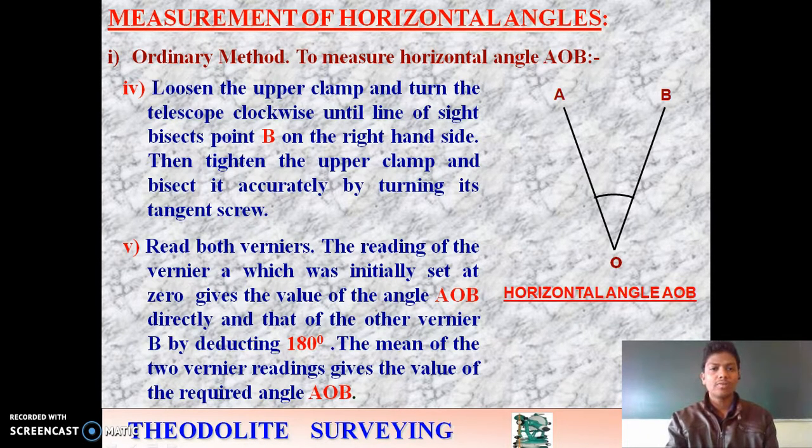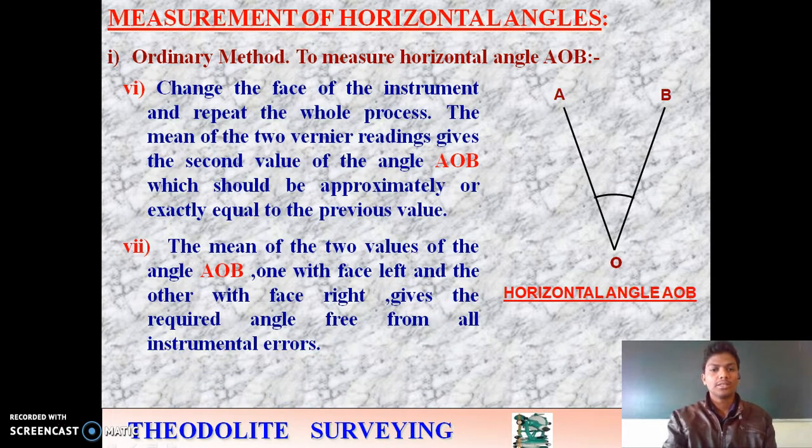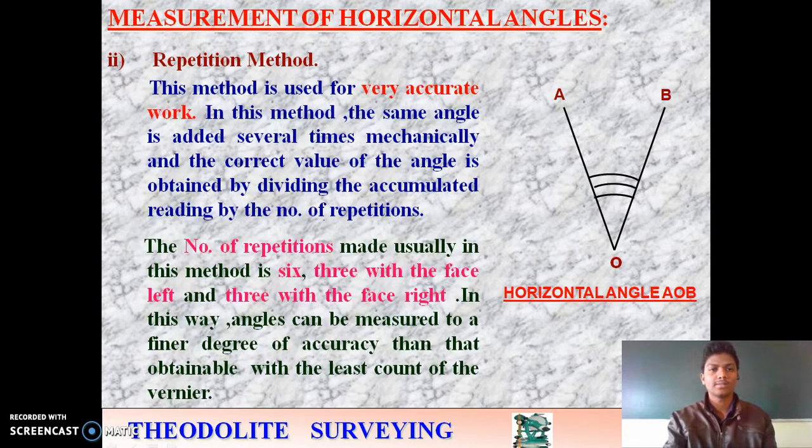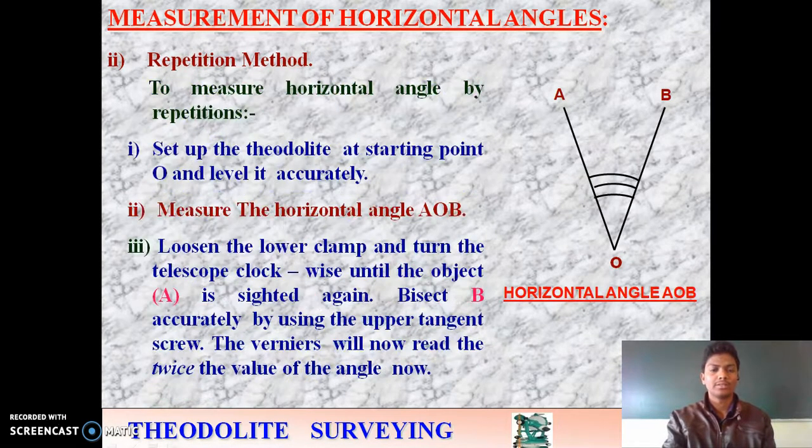The reading of the vernier which was initially set at 0 gives the value of the angle AOB directly, and that of the other vernier by deducting 180 degrees. These are all the steps of the ordinary method to measure the horizontal angles. This is the repetition method.